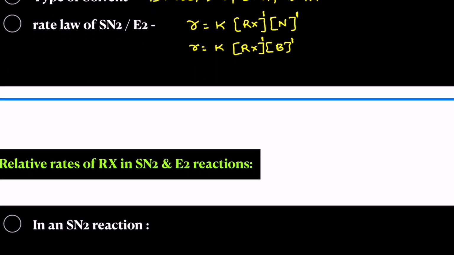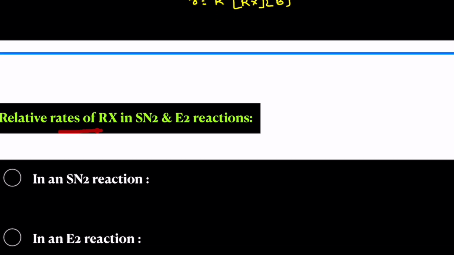And if you also observe the relative rates of alkyl halides in SN2 and E2 reactions: in case of the SN2 reaction, it proceeds through a pentavalent transition state, Walden inversion product, backside attack. Steric hindrance is the key point.